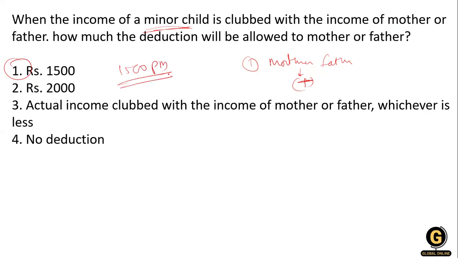This is the exemption of a minor child, and it is not includible in the income of the parents as per the provision of the section. The exemption is given in section 10(32) of the Income Tax Act 1961. Clear?